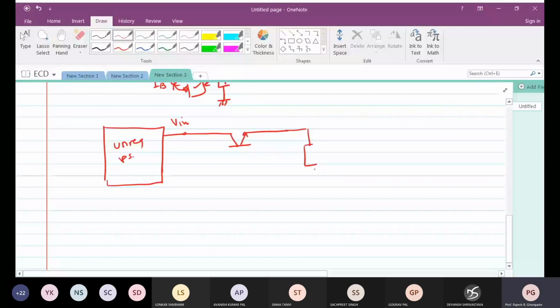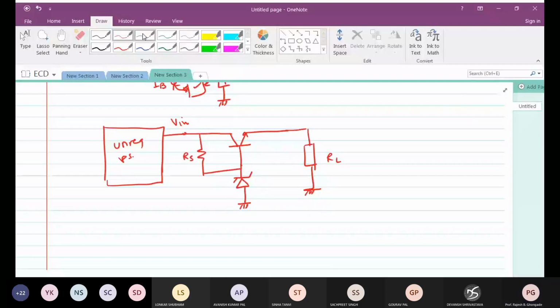We have a load, and here what we do is we use a shunt regulator at the base. Call this RS. This will be VZ, plus minus VBE. This is your load current and this is your output voltage.